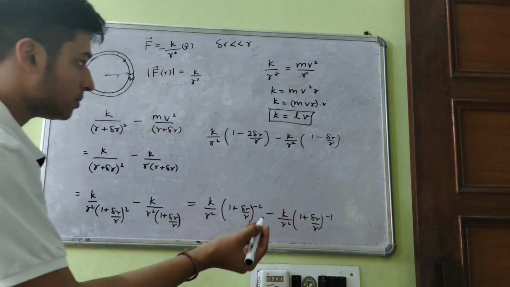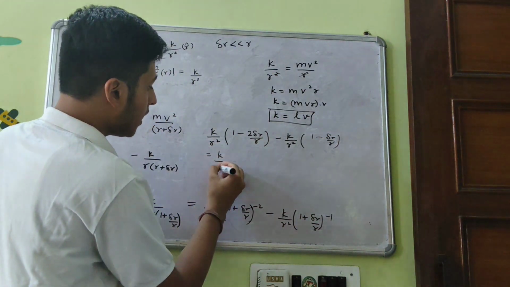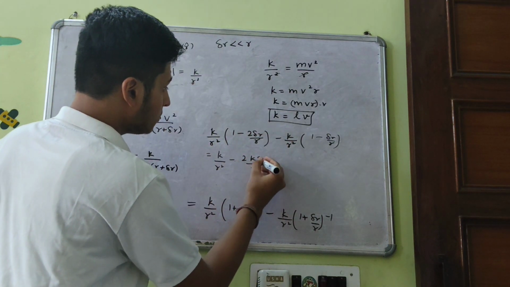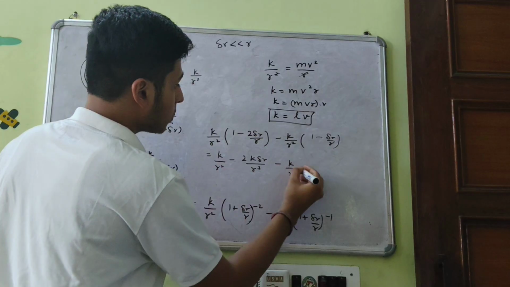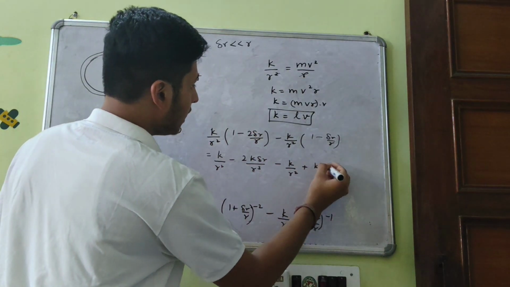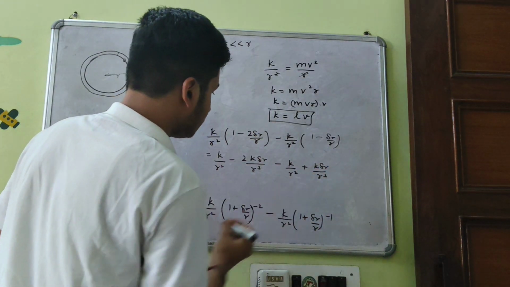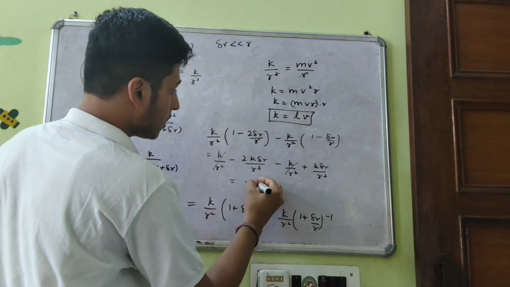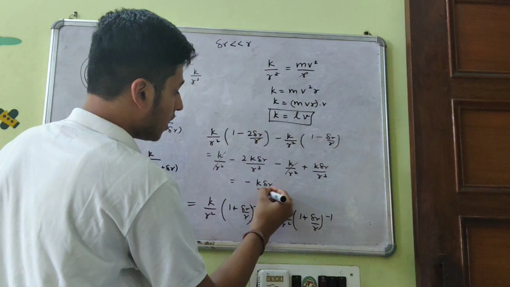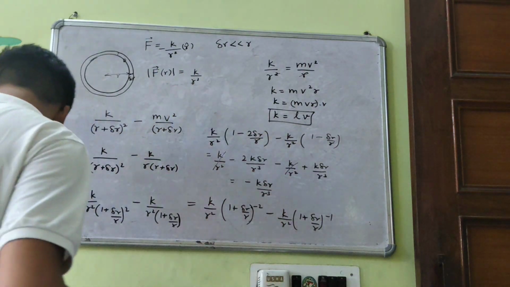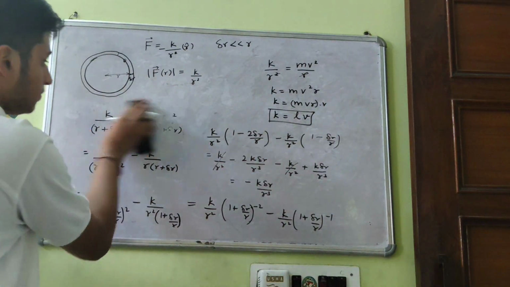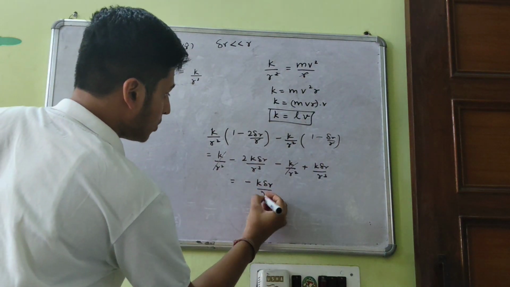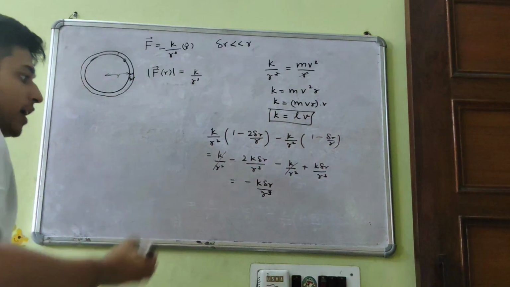So k by r square minus 2k delta r by r cube, minus k by r square plus k delta r by r cube. This gets cancelled and this becomes minus k delta r by r cube. So this is the net force.